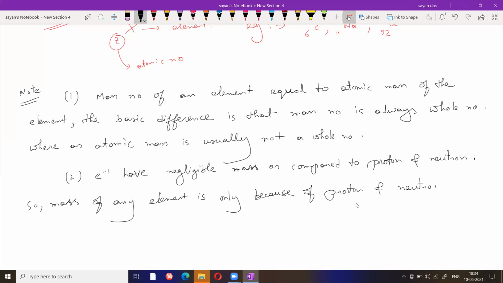So mass of element, or mass number, mass of element, or atomic mass, happens due to the presence of protons and neutrons.